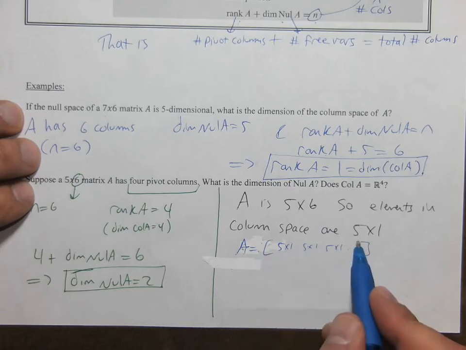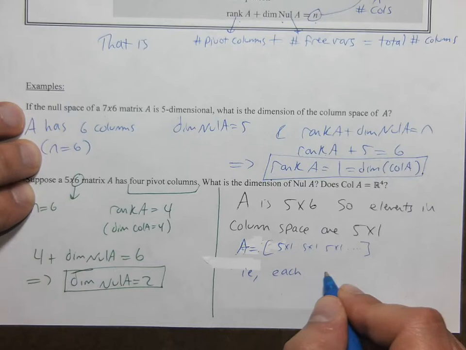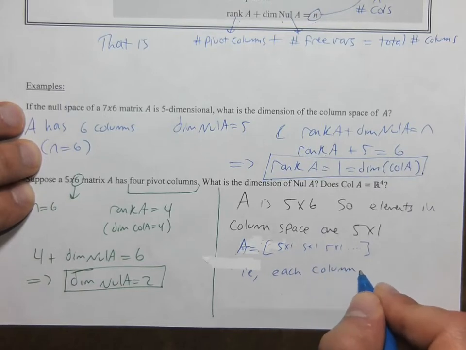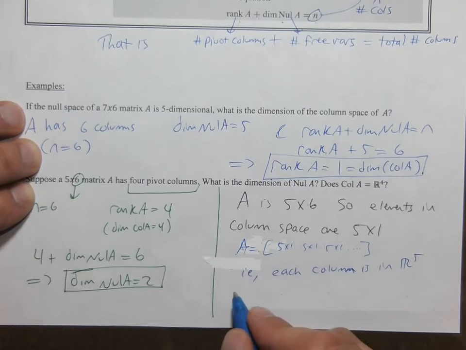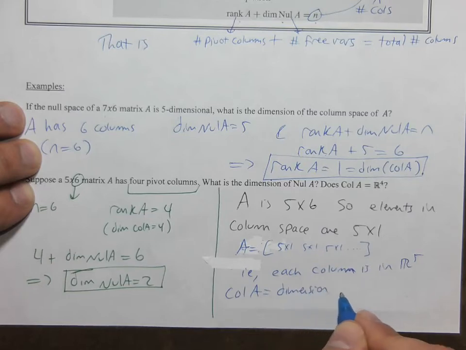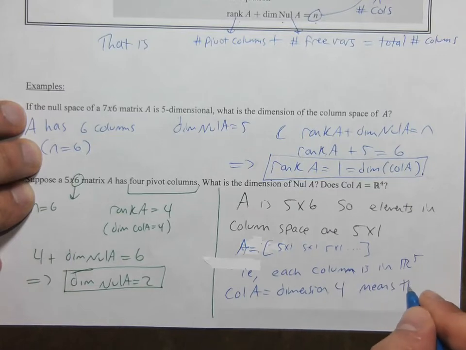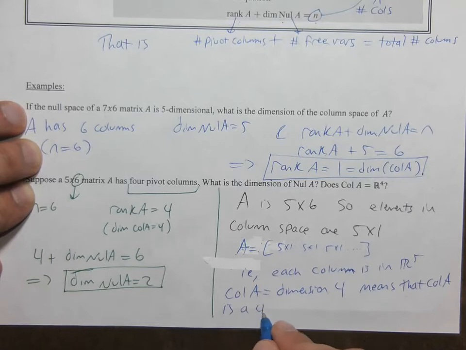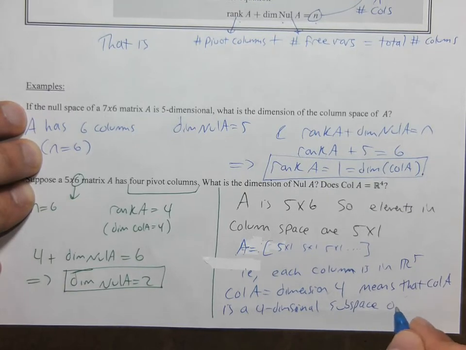And so each thing is 5 by 1, i.e., each column is in R5. And so when we say that the column space has dimension 4, what that means is that the column space is a 4-dimensional subspace of R5.